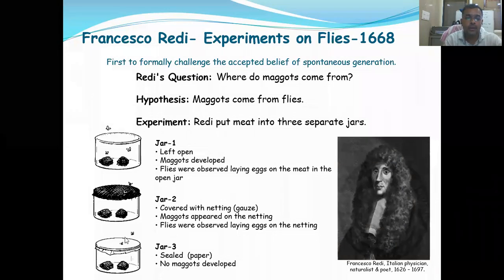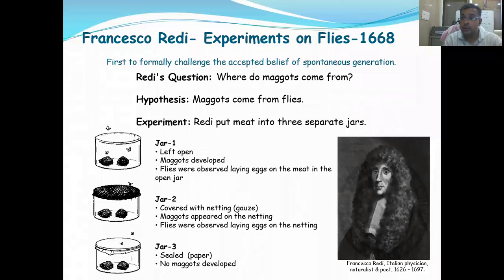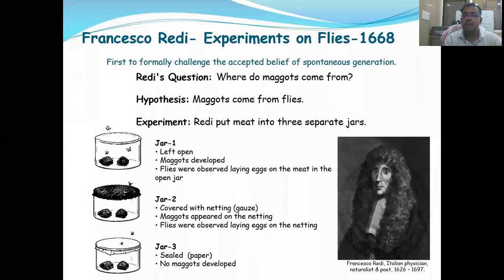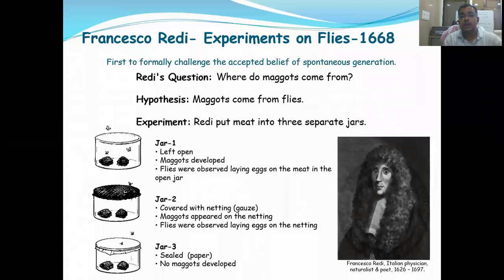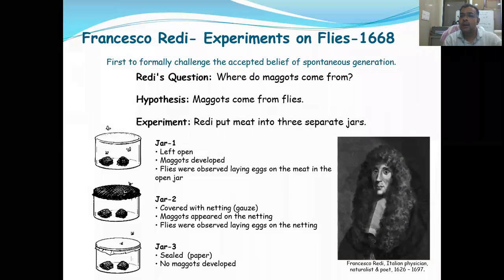But as they were not capable of laying eggs in the sealed jar, no maggots formed on the meat or on the sealed layer. So he proved that maggots develop only if flies are present. One living creature requires a second living creature; one thing arises only from another living creature.